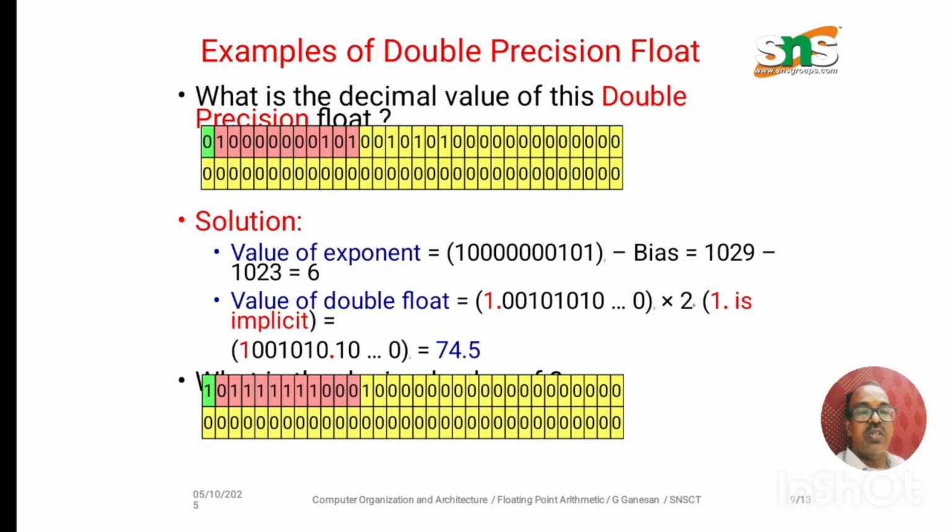Here the examples are given. For the double precision float number, the total number of bits is 64. One more example is given at the bottom: the decimal number 74.5 written in double precision.